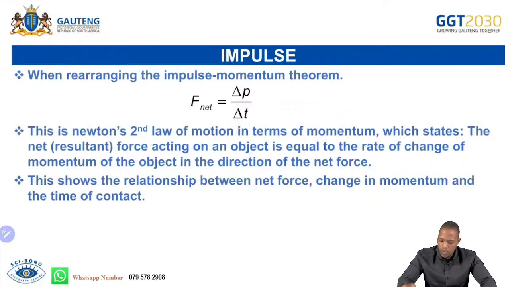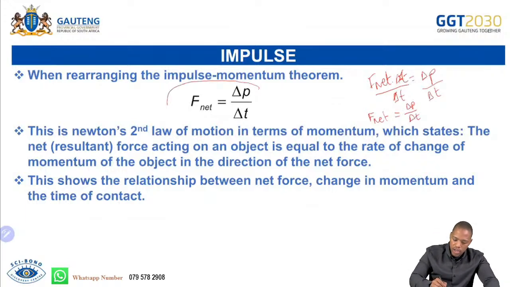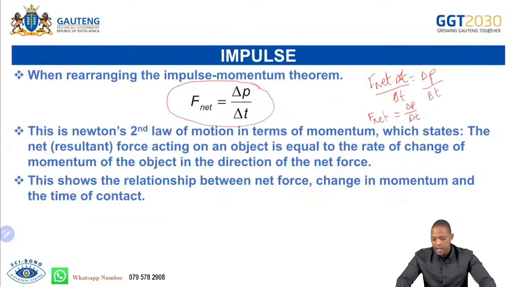Right. Now, when you take the same formula, F net delta t is equal to delta p, and you rearrange it by dividing on both sides by delta t, just simply doing the maths, you are going to find that F net is equal to delta p over delta t, so that this formula can be rearranged and written like this.